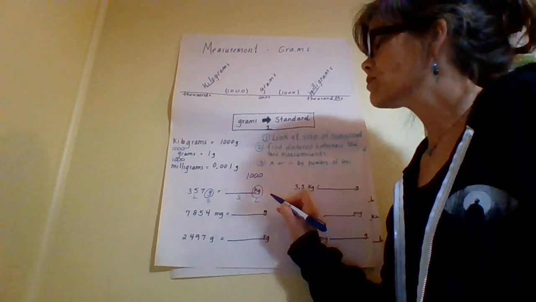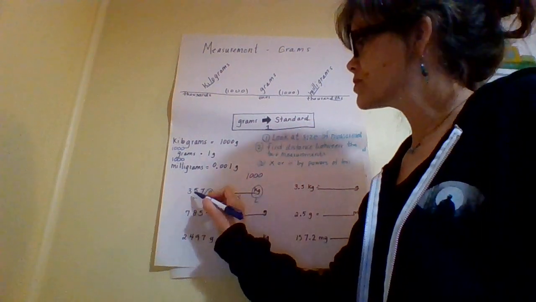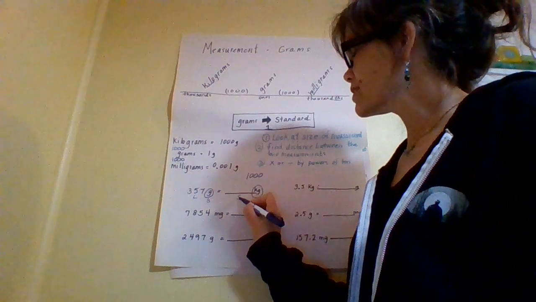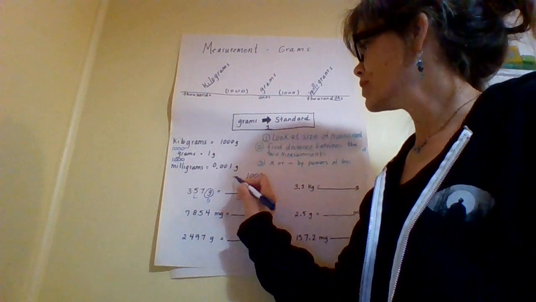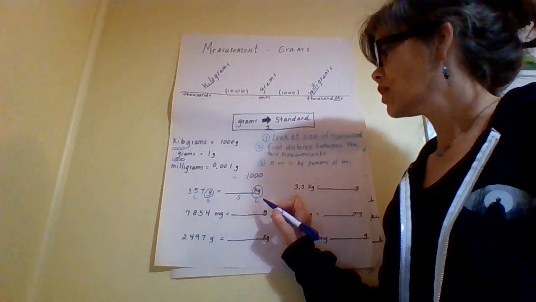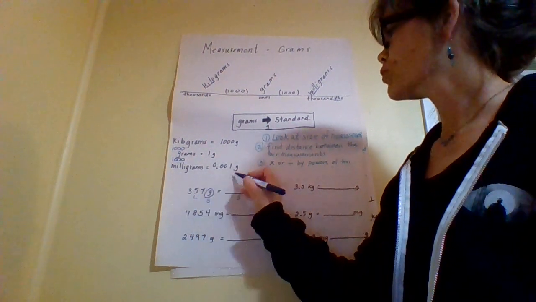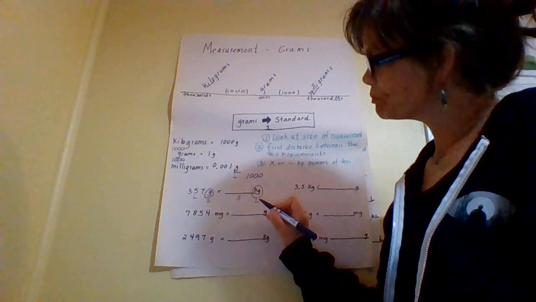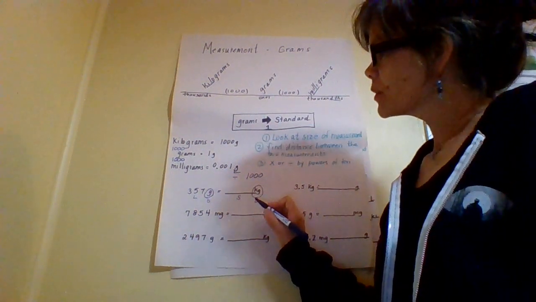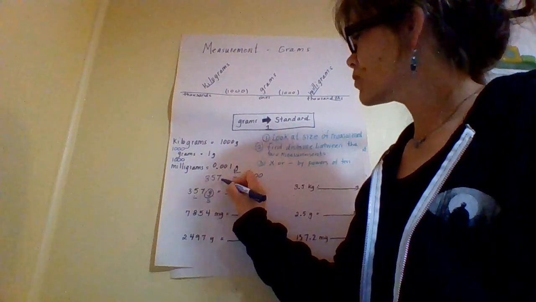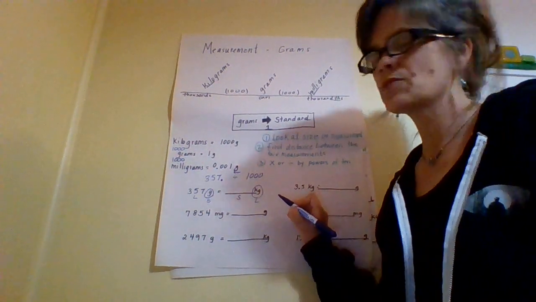Okay, and so then if we are asking ourselves, this number here, we said this was large and it's going to get smaller. So that means we're going to divide. That means our decimal point is going to move towards the left. So then we have the 357 again. And we know this decimal point exists right here.